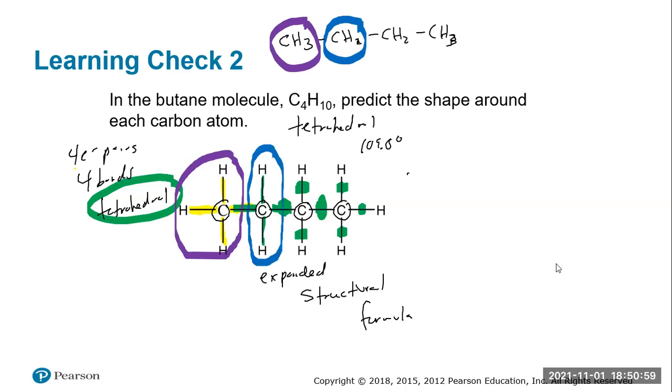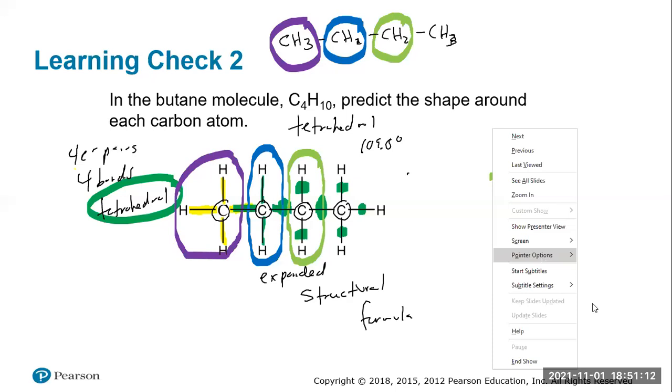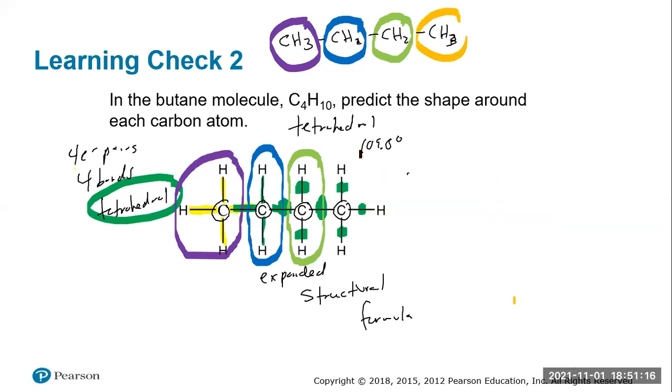We then have CH2 again, which is this guy right here. And lastly, we have CH3 there at the end, which is this guy right here. Again, the real difference there is no hydrogens being drawn out.